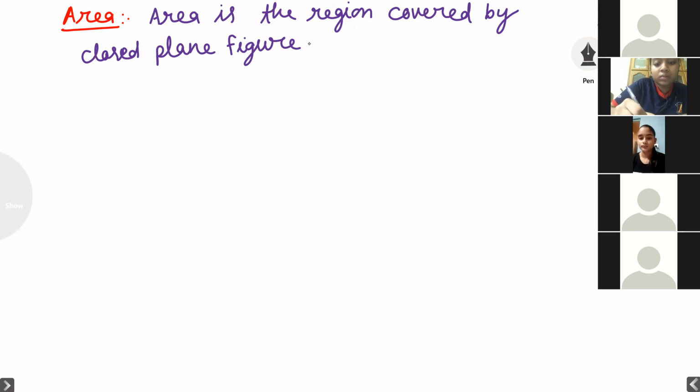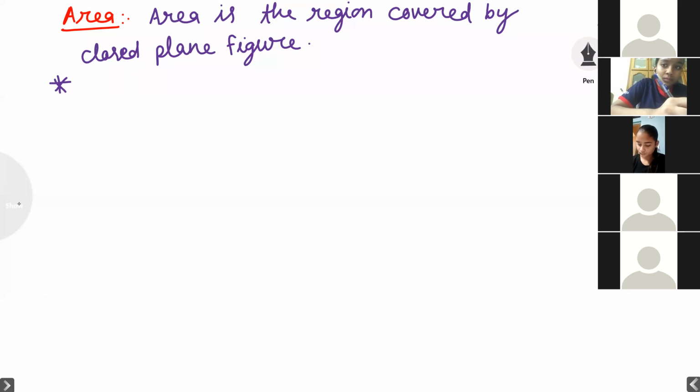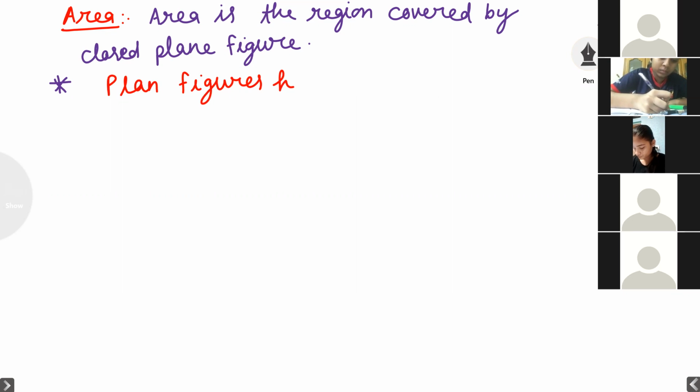First star point: if the figure is a plane figure, then only we can find the area. Plane figures have area.